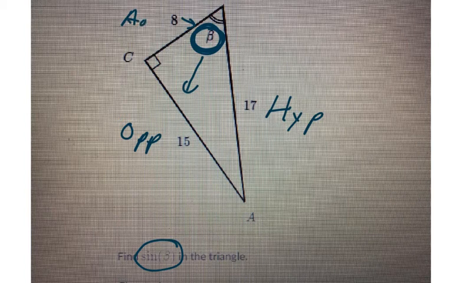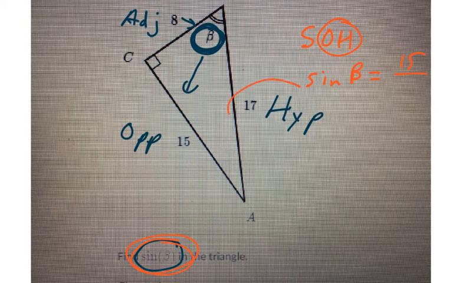That's my adjacent. Now this time they wanted the sine of beta. Remember, sine is some old hippie. In other words, the sine of our angle beta is simply going to be the opposite, 15, over the hypotenuse, 17.